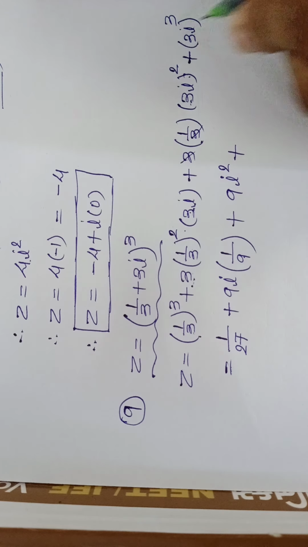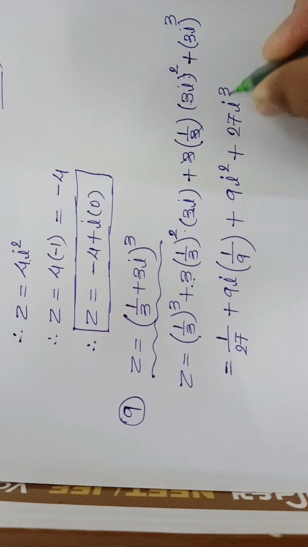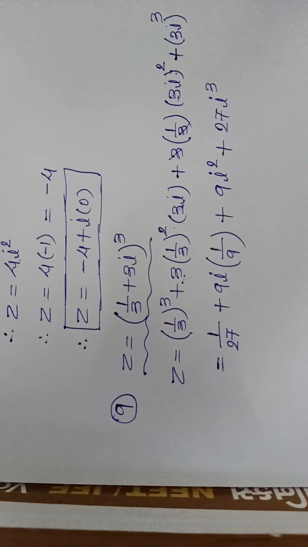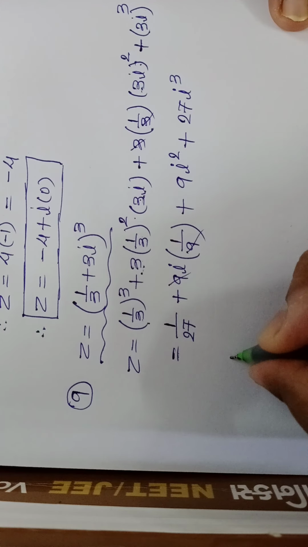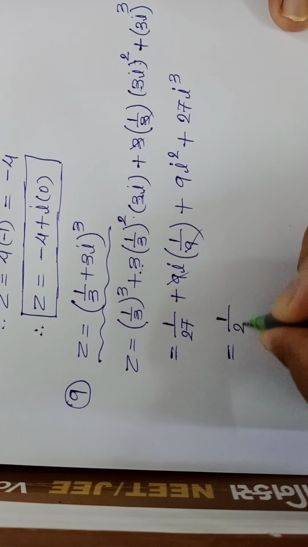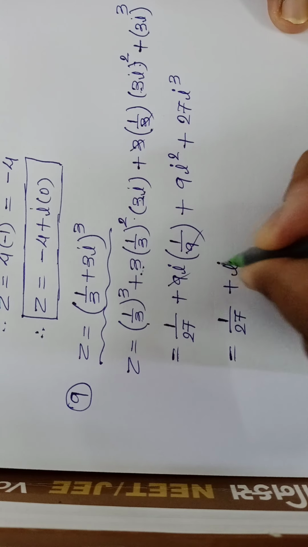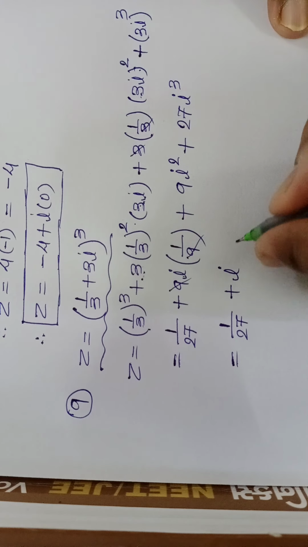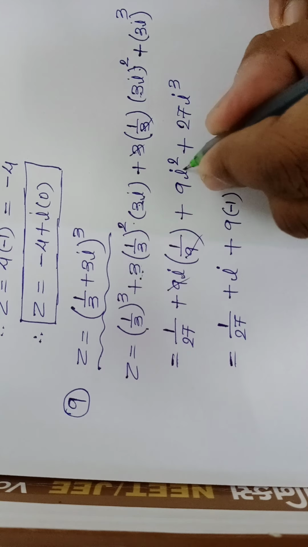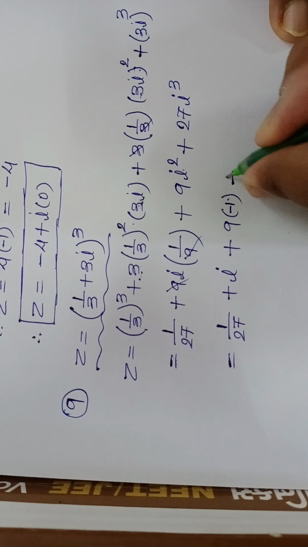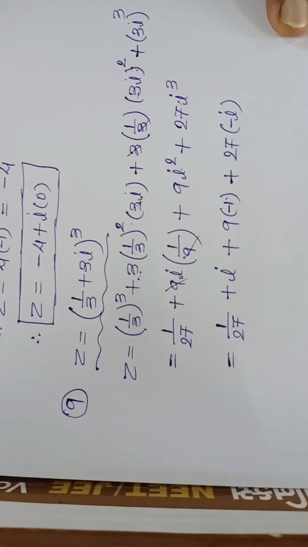And plus 3 cube, again 27, and i cube. Right? A simple thing is this. Okay, this 9 9 also cancel, my friend. 1 by 27 plus i only, plus 9 into minus 1, this i square, plus 27 into minus i cube.